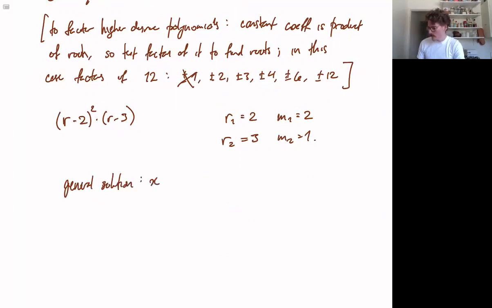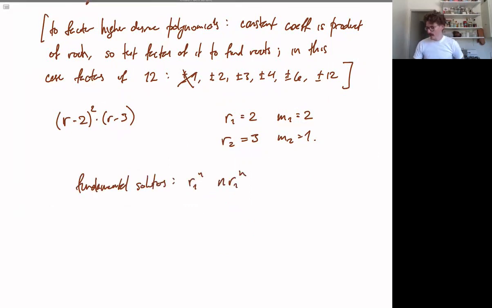Well, the fundamental solutions are r1 to the n, and n r1 to the n, because the multiplicity is 2, and then r2 to the n, which is all we get because the multiplicity is 1.